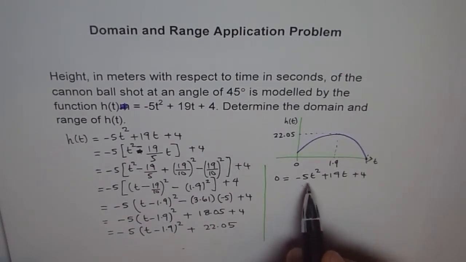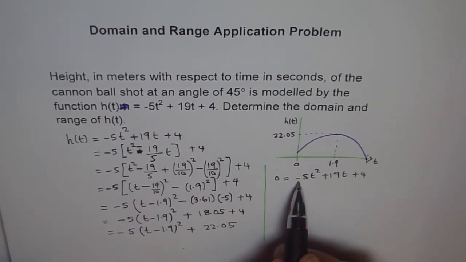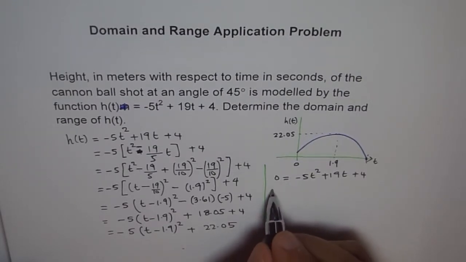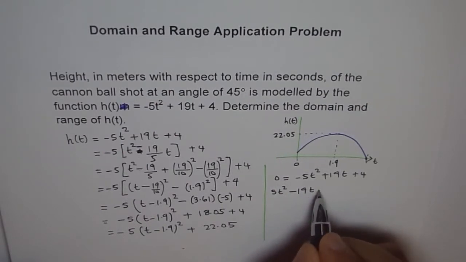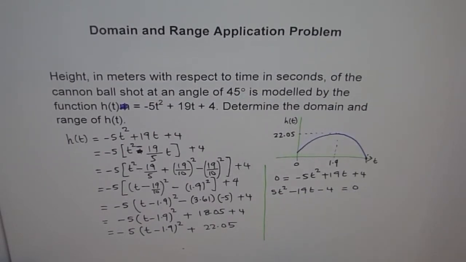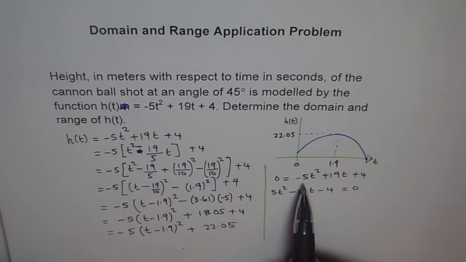I would always like to put this number positive, so I'll write this as 5t squared minus 19t minus 4 equals 0. Somehow I feel that keeping this positive makes things simpler.